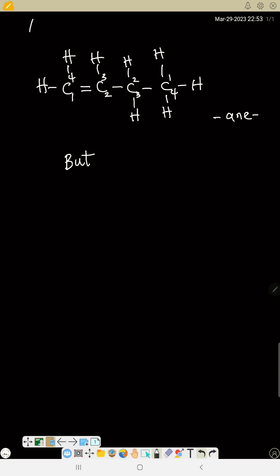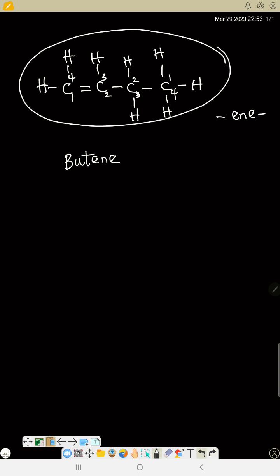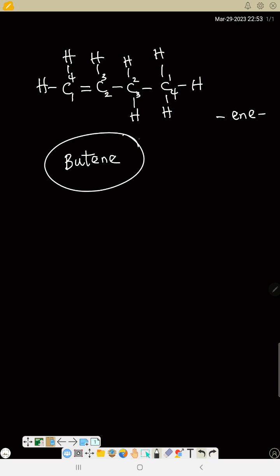That is alkenes, so the suffix is ENE rather than ANE. So that is what we will add there, ENE, because we have a double bond. That is alkene, so the name of this structure is butene.